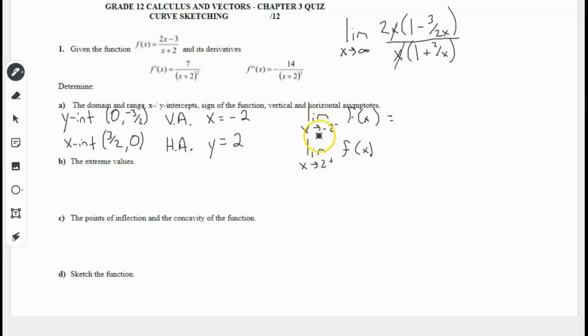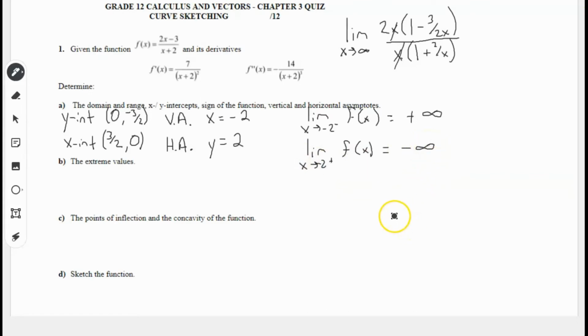As it approaches from the left, you can take a number close to negative 2 on the left, like negative 2.001. Substitute that into your function, and you get a very, very large number, which means this is going to approach positive infinity. You can do the same thing from the right, like negative 1.999. Plug that into the function, you get a very large negative number. So this is approaching negative infinity.